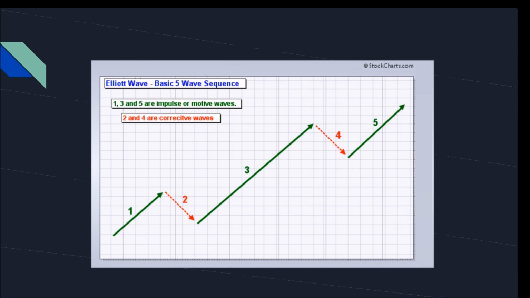Vortex wave cycles. Laws rule the universe: gravity, magnetism, thermodynamics, physical laws. The Elliott wave principle is based on this and on the knowledge developed by Fibonacci about his sequence.